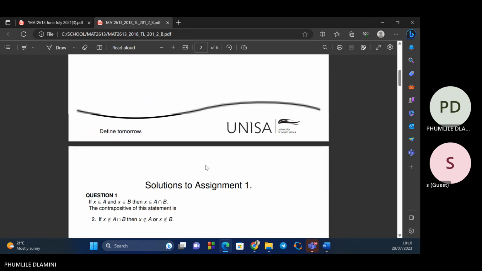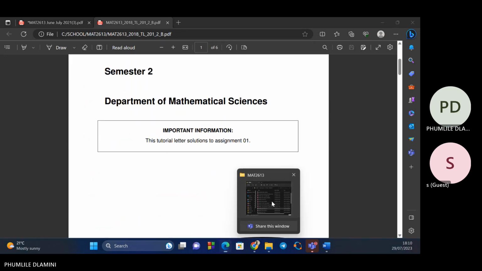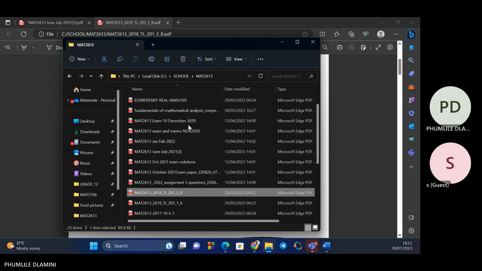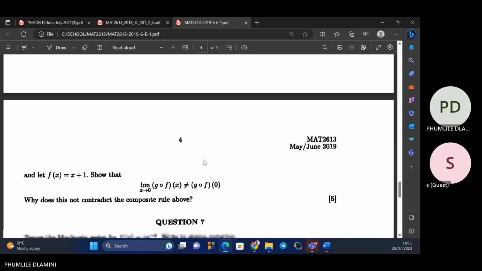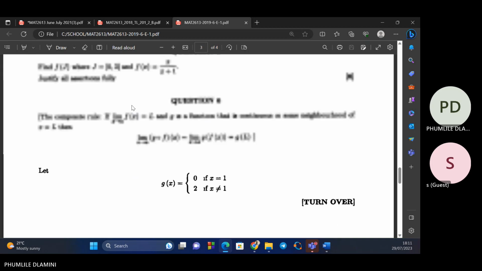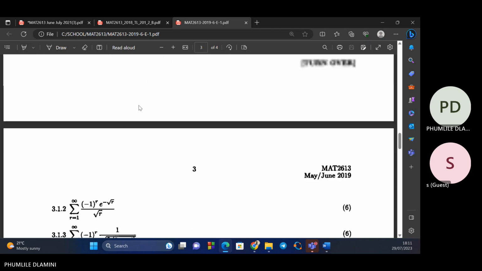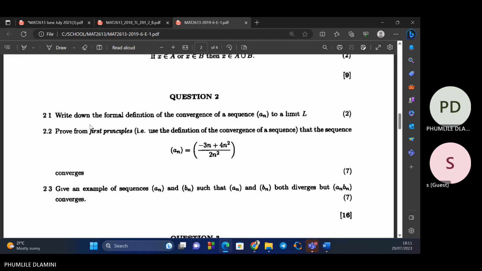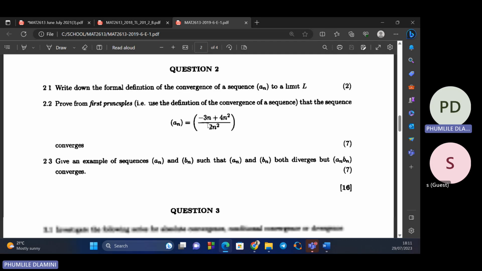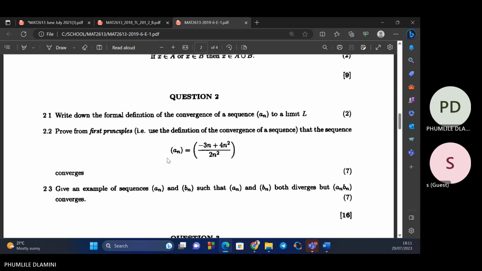2019. You can do question 2.1 and 2.2. You can take a picture or screenshot.